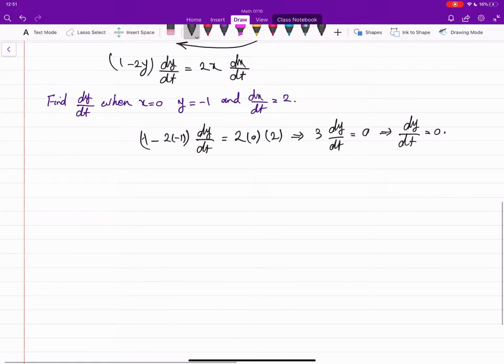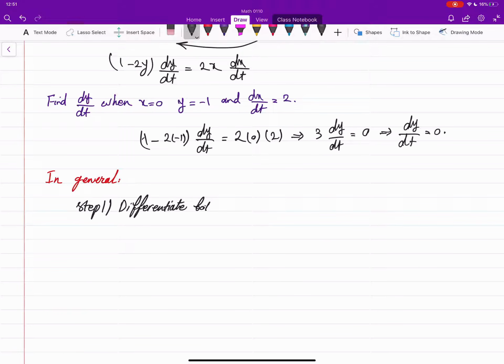So in general, let me just write it here. In general, step 1 is differentiate both sides of the equation with respect to t.